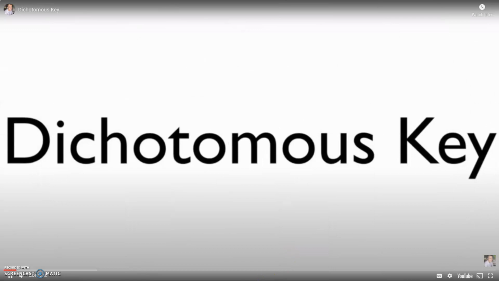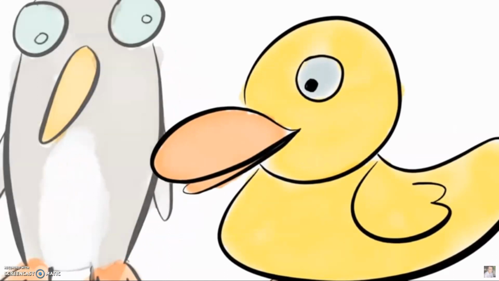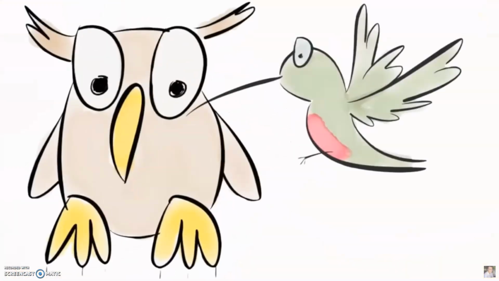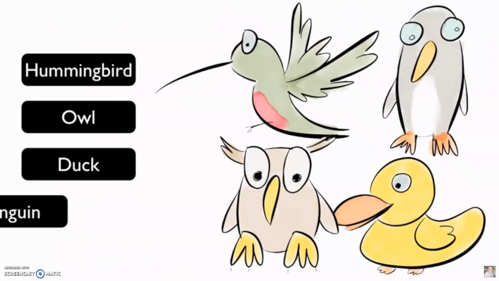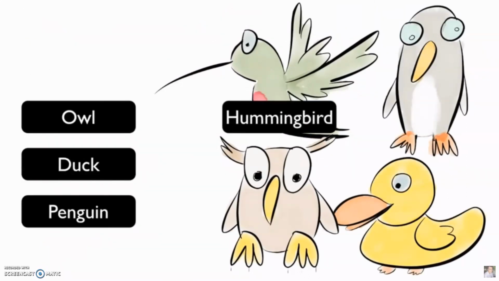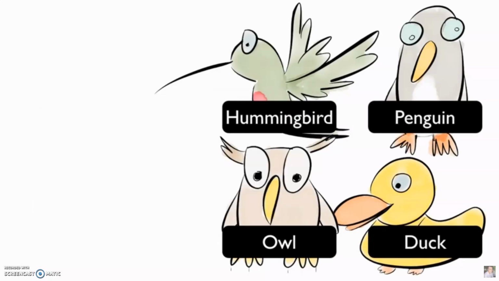Dichotomous key. There's a lot of birds in our world, and if you were asked to identify a bird based on its characteristics, you could probably do it. We could probably name the hummingbird, the owl, the duck, and the penguin based on its features.